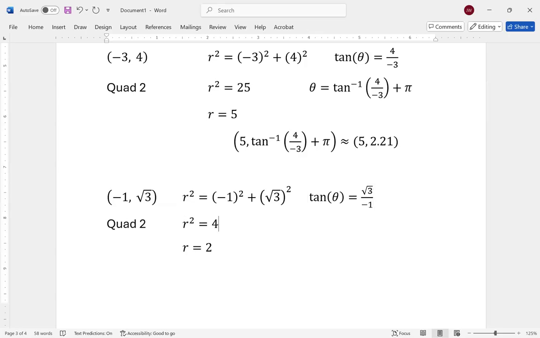Because we are in quadrant 2, that means my angle theta is going to be the inverse tangent of √3 over -1. I'll just call that negative square root of 3. And then I'm going to have to tack on a plus pi.